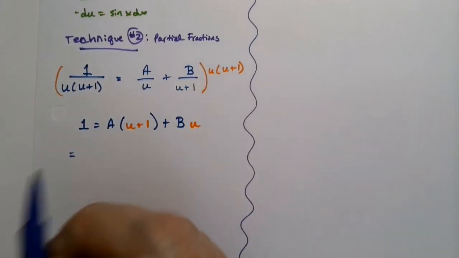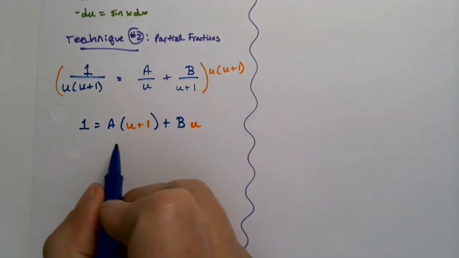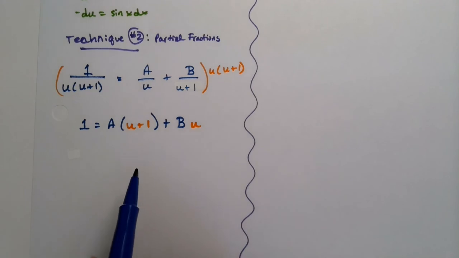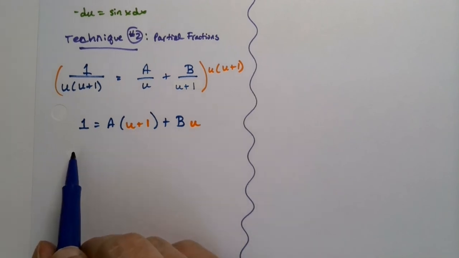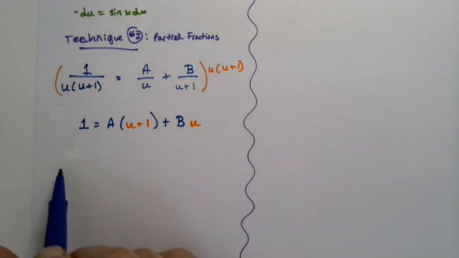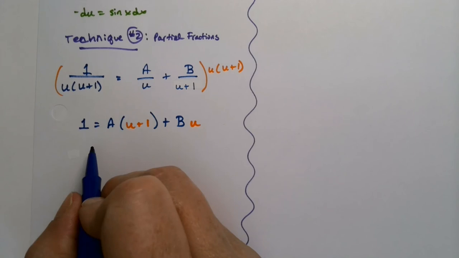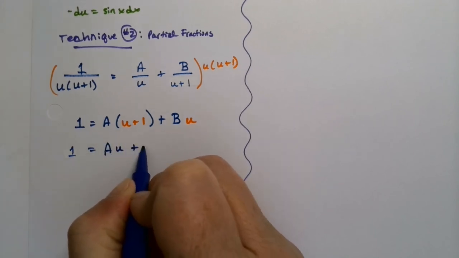And so we're left with 1. At this point, we could either use method number 1, which would be substituting in values. So you'd let u equal 0, let u equal 1. That would work. You could also just distribute.